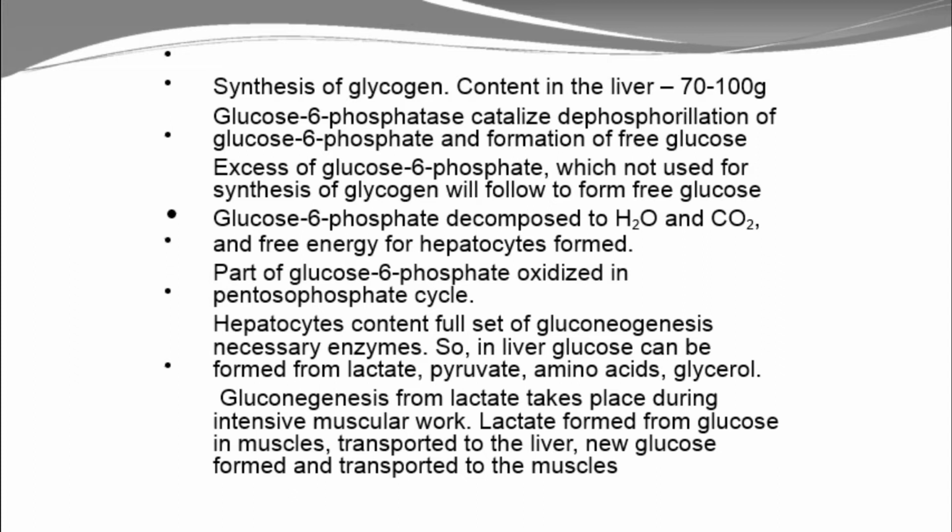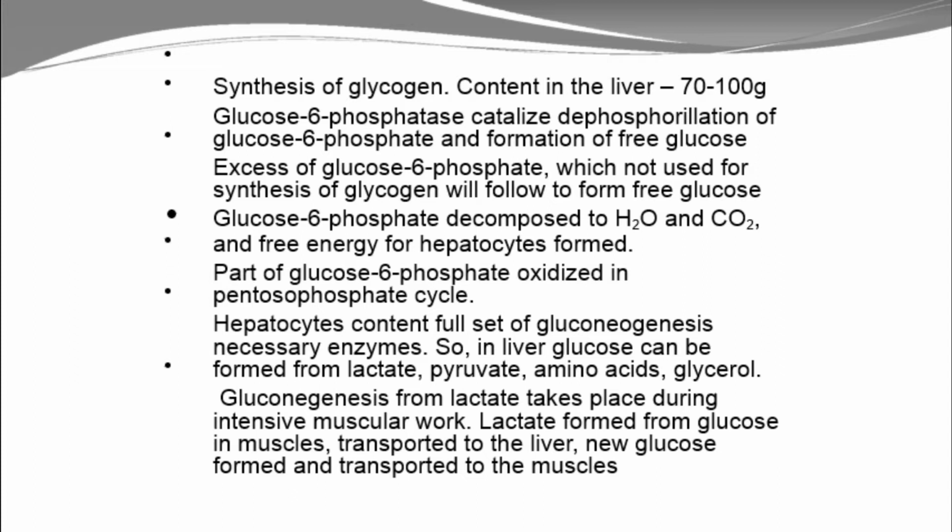Some of the glucose 6-phosphate, as you have seen already in the chart, will be oxidized in the pentose phosphate cycle. So basically our hepatocytes, or liver cells, have all the mechanisms and materials required to perform gluconeogenesis, the synthesis of new glucose. In the liver, glucose can be synthesized from precursors like lactate, pyruvate, amino acids and so on.